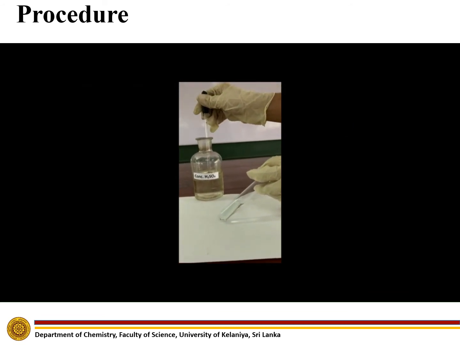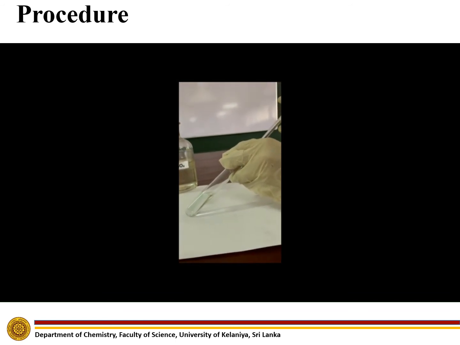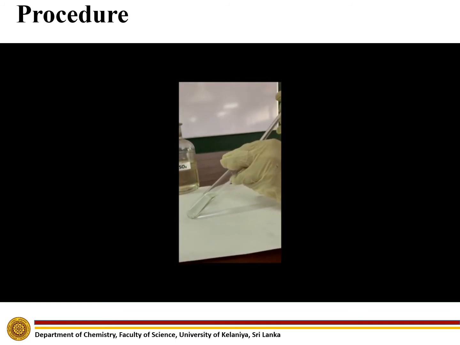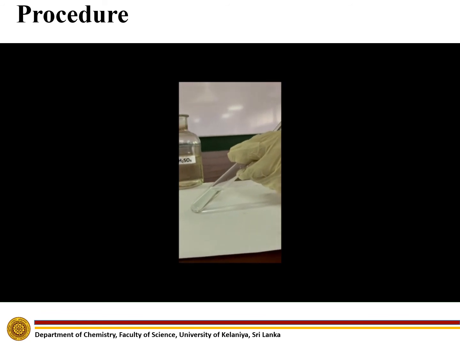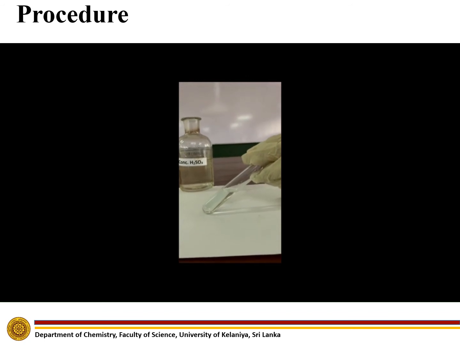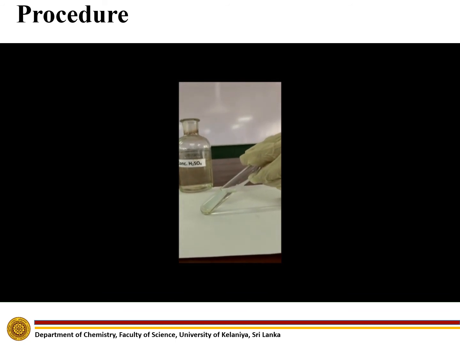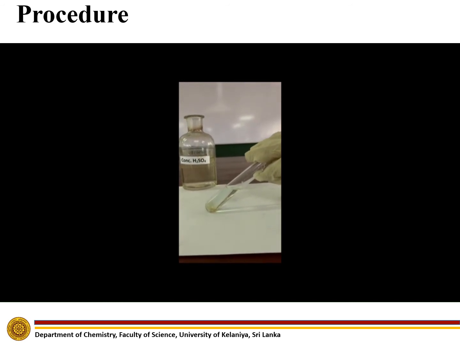You have been given a nitrate ion solution. Add a few drops of freshly prepared saturated ferrous sulfate solution to it and add concentrated sulfuric acid slowly down the side of the test tube. A brown ring is observed.